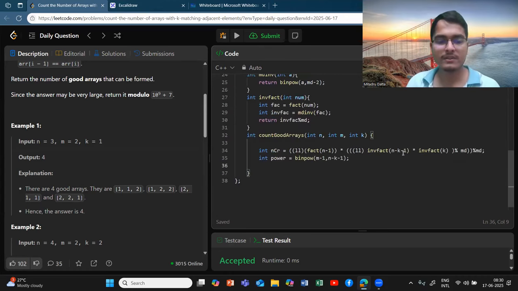Now what I need to do is simple. I need to just return NCR into M into power. But oh wait, you cannot forget the mods at any cost. Cannot forget the long as well as the mods at any cost.